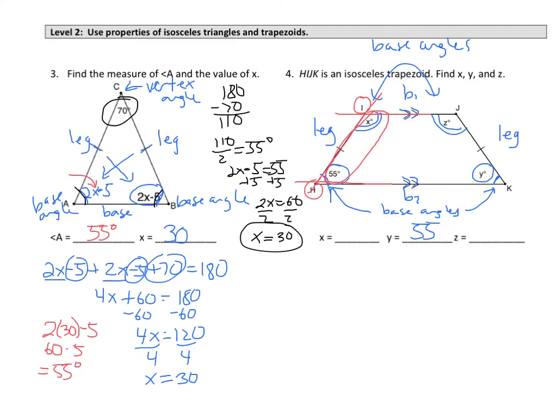They're going to add up to 180. So I can just do 180 minus 55 and we get 125 for the measure of angle I, or x equals 125. And then those top two base angles are congruent, so if angle I is 125, J is congruent to it, so Z would also be 125. And there you go.